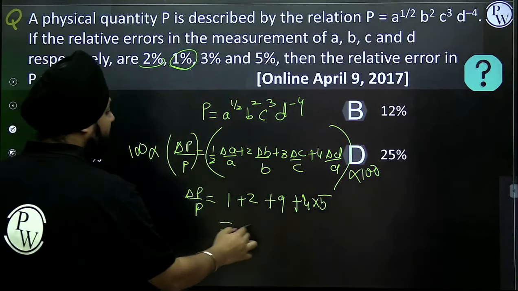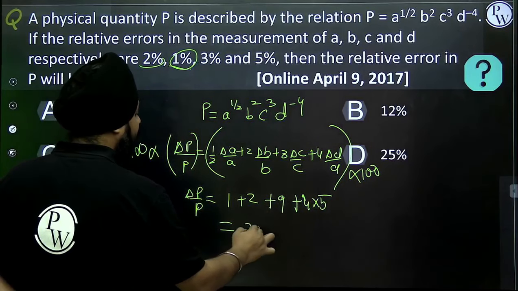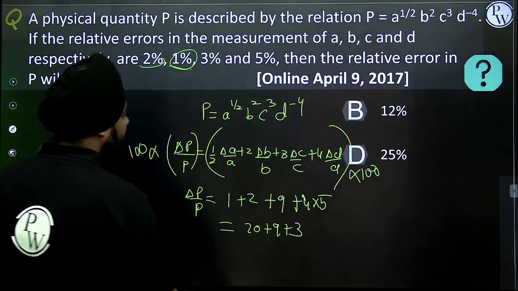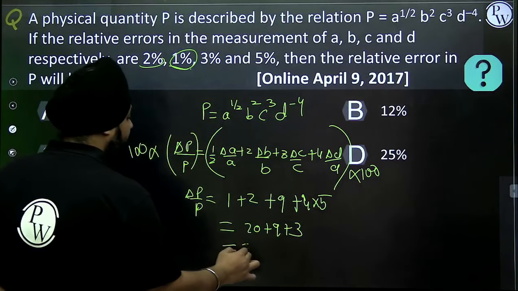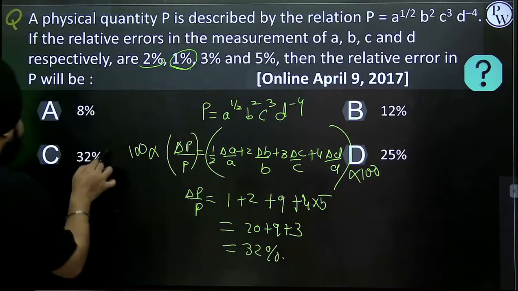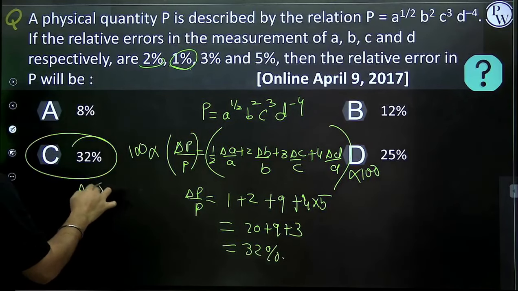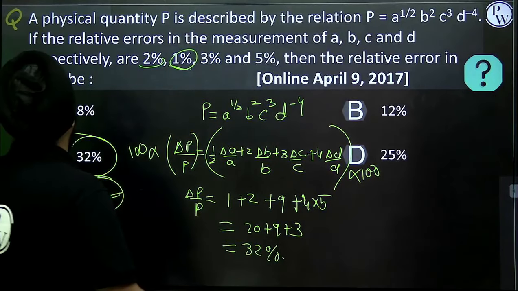So this will be 20 plus 9 plus 3, which is 32%. 32% will be the perfect answer for this specific question.